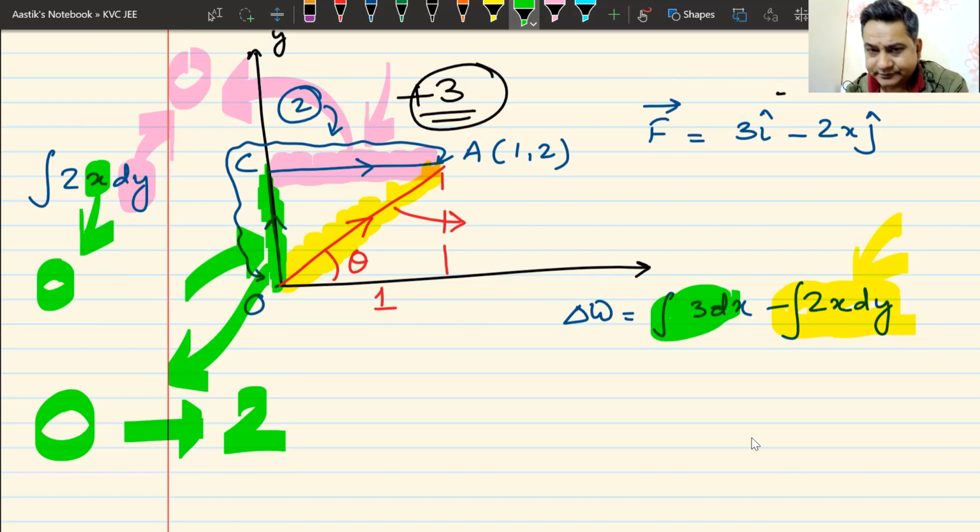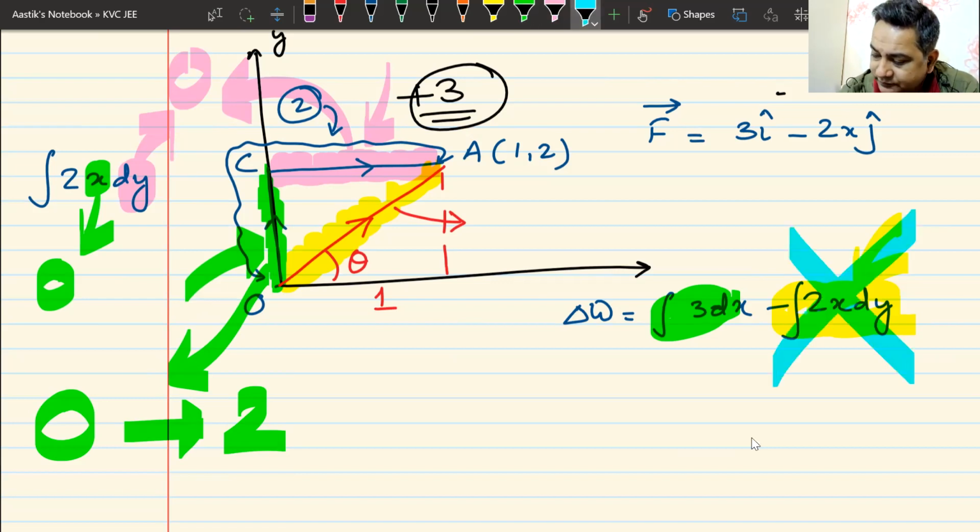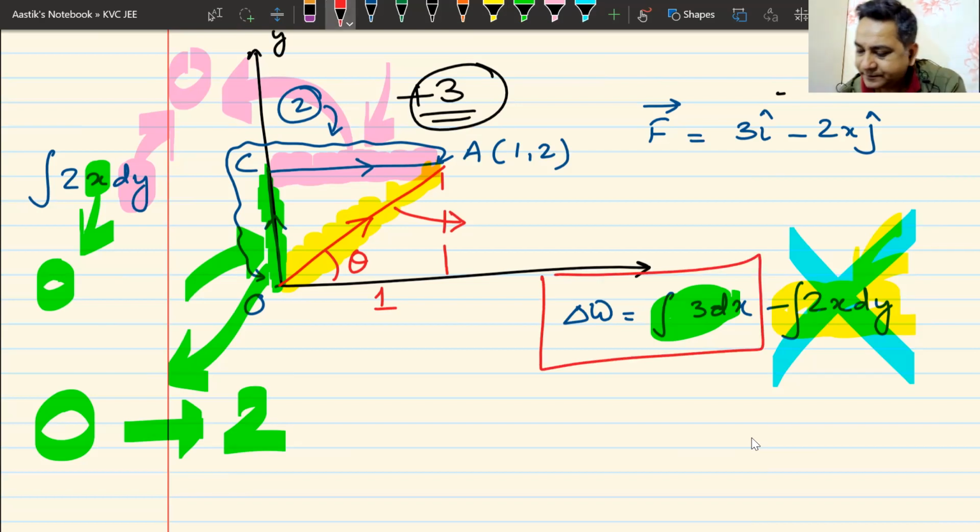In the pink path, from C to A, the value of y does not change, so the integral is still 0. That means this integral is 0 whatever happens. Yes or no? Yes. So the only answer that we'll have for the work done would be this one. Am I clear?